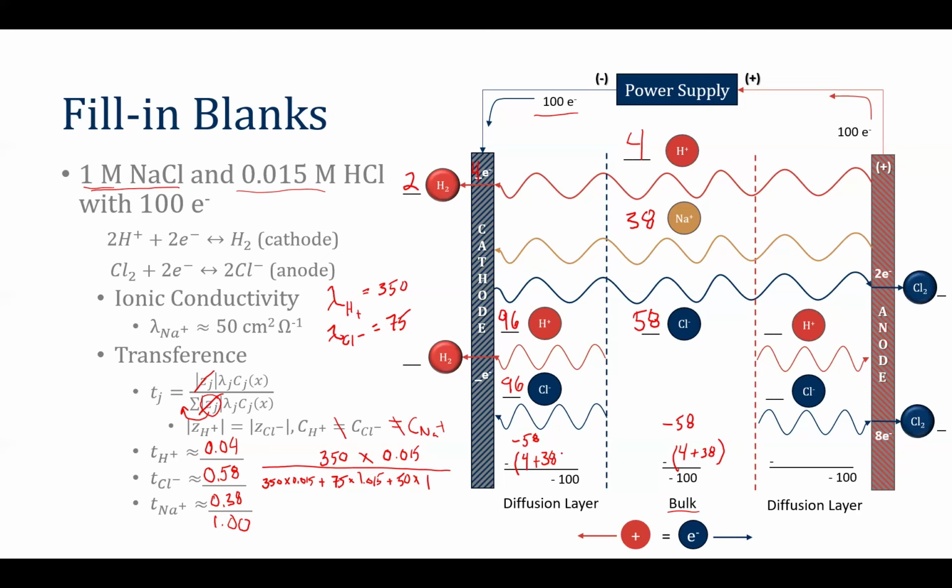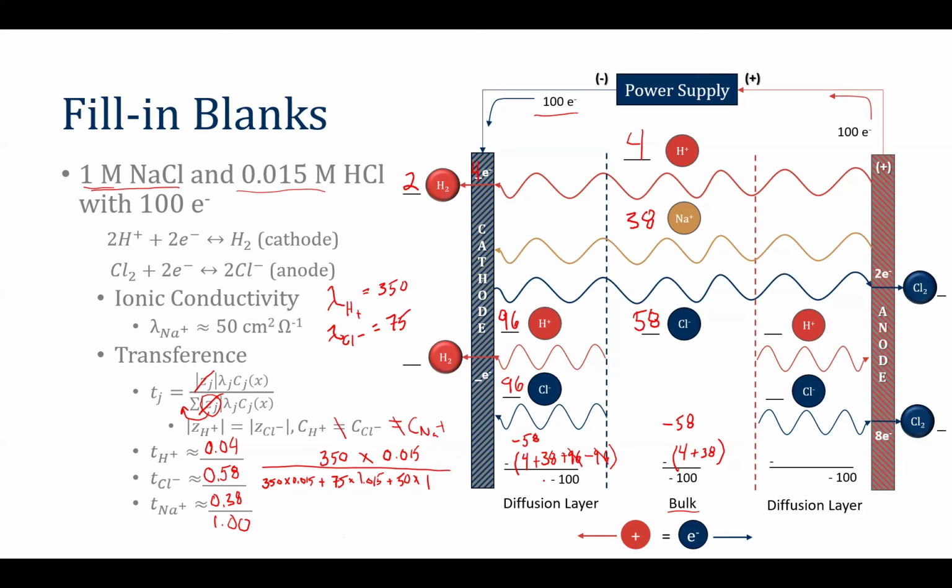And then we've got plus our 96 hydrogen cations moving to the left, opposite of the movement of the negative charge. And then we've also got negative 96 anions moving to the left. This will also be multiplied by this negative because it's moving to the left, away from the anode. And so these 96 cancel out, but I have this negative 58 minus my 42 of 100.